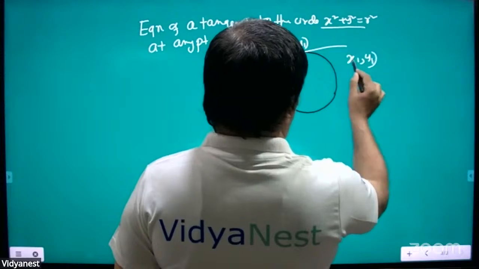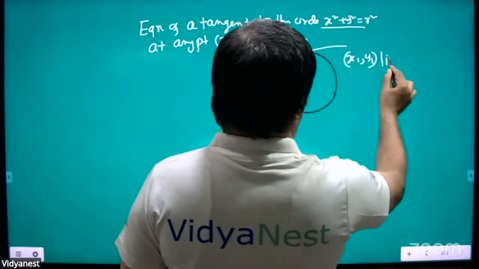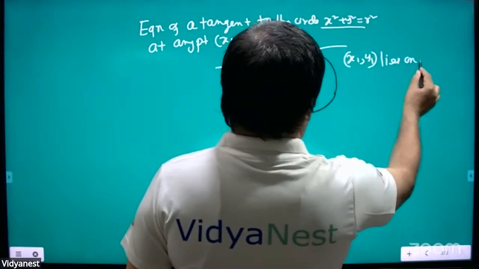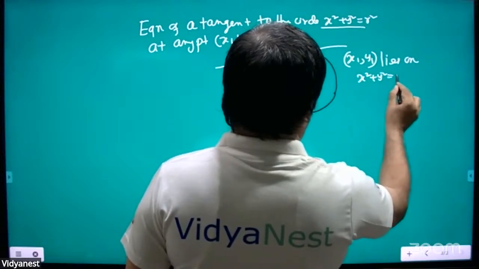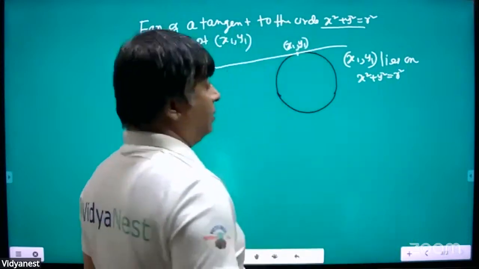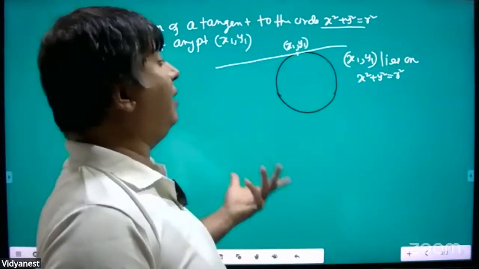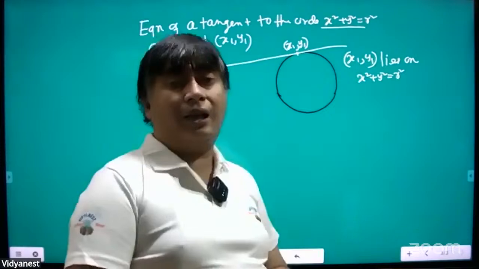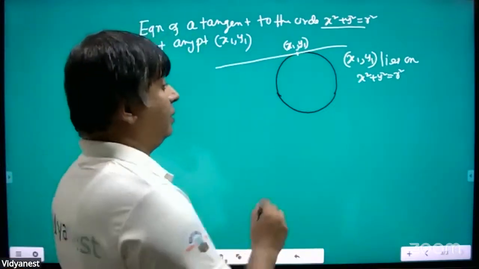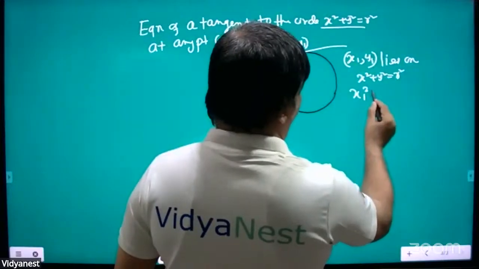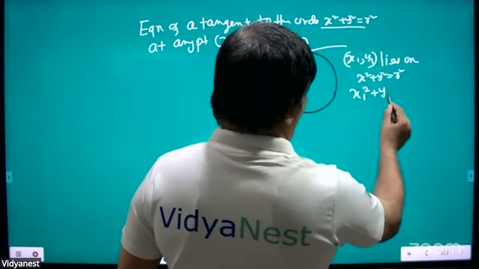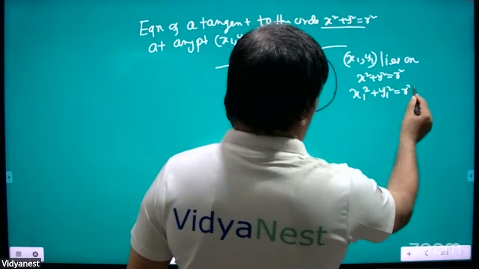x1, y1 lies on x square plus y square is equal to r square. It means x1, y1 lies on the curve, so it will satisfy the equation: x1 square plus y1 square is equal to r square.